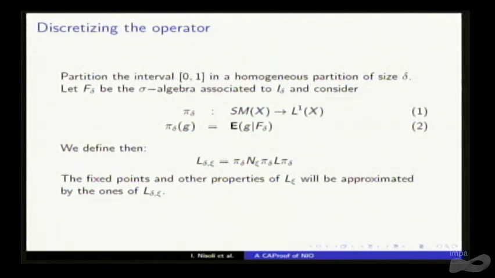So in general, this Ulam approximation of the operator L, for this dynamics, in principle may not approximate the dynamical system really well. But if you look at the discretization of the operator with the convolution with noise, then we get all these good regularization properties, and this discretized operator approximates the operator with noise. Okay.